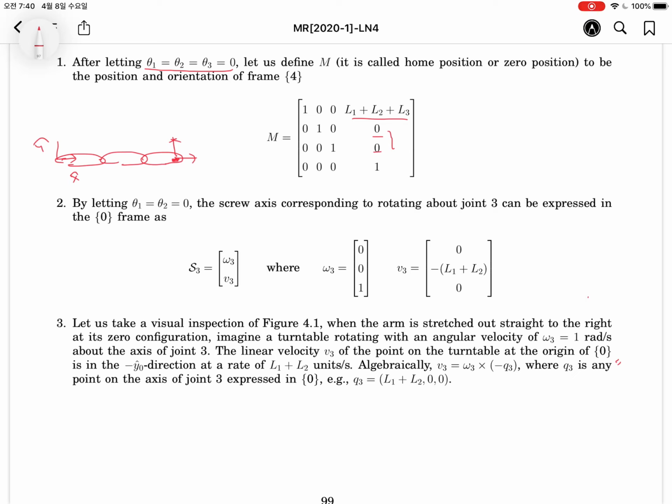And then the orientation is the same as the fixed coordinates. So we have the identity matrix. It can be obtained by reading the end effector frame in terms of the base frame, the fixed frame.